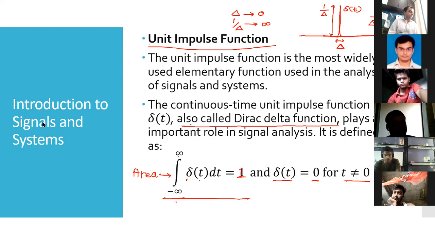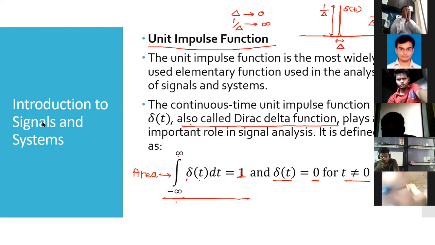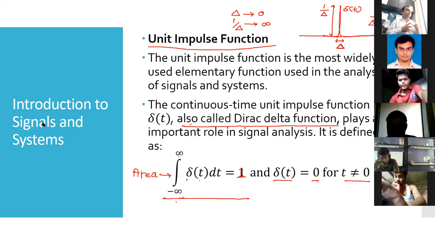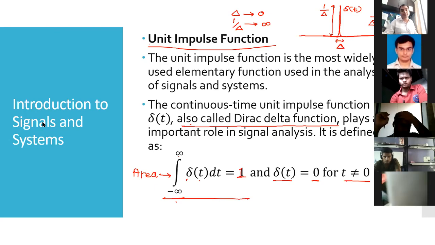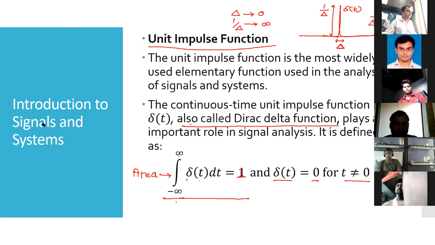So though mathematically we know this, it is very difficult to realize or understand the unit impulse function. But remember, unit impulse function is the link between your continuous time system or continuous time signal and the discrete time signal. Understood?